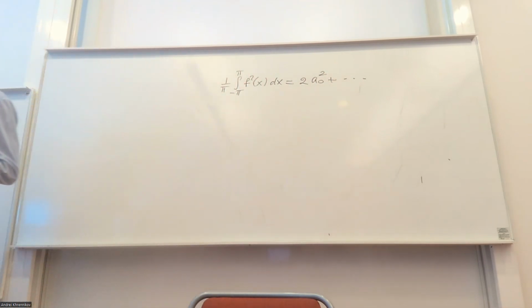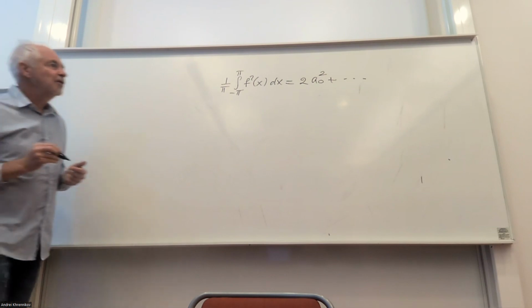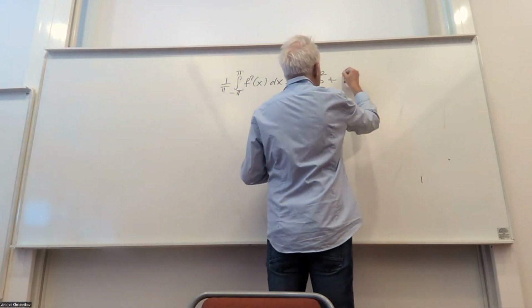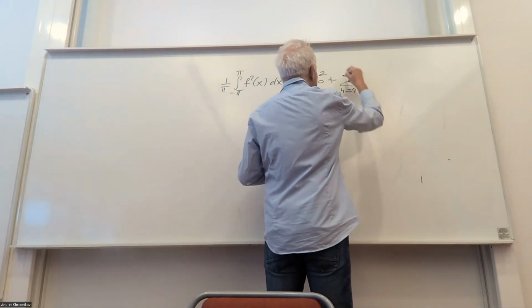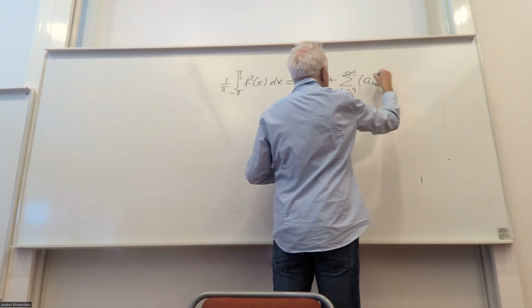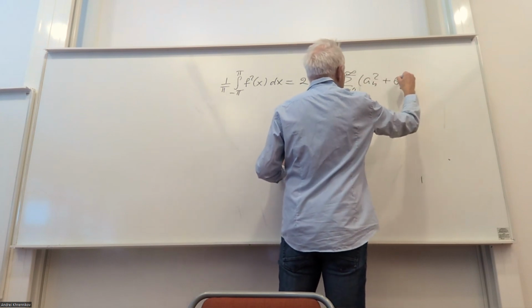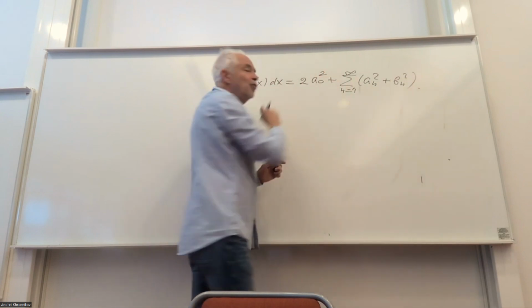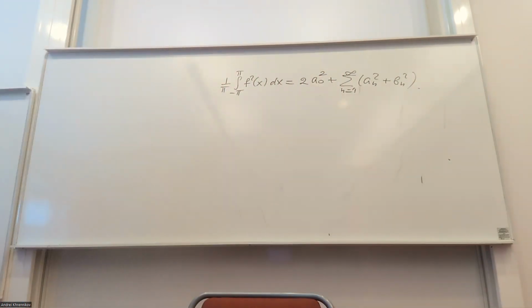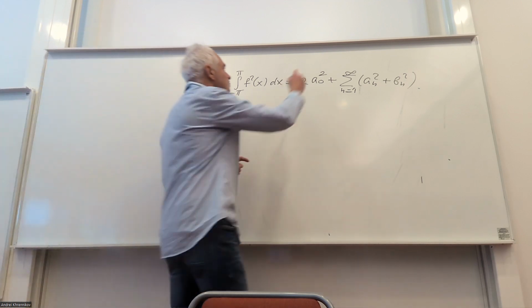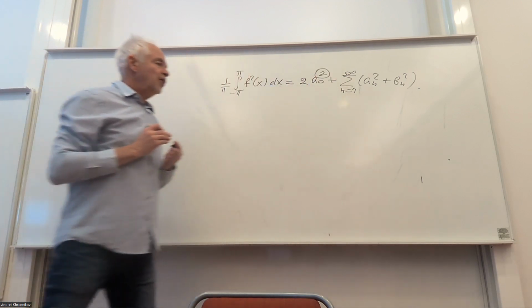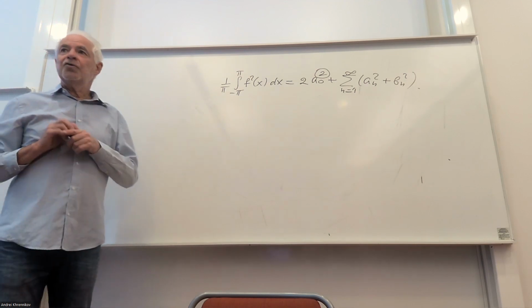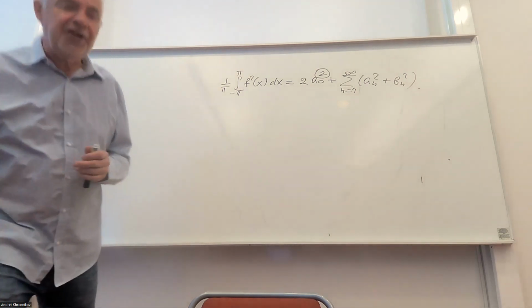Correcting this formula, here was this sum, and I wrote a_0 without square. That was a misprint.